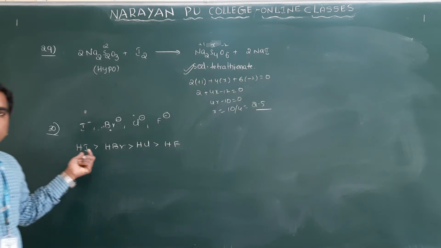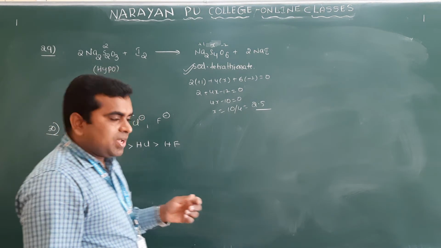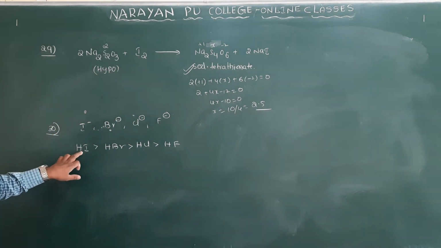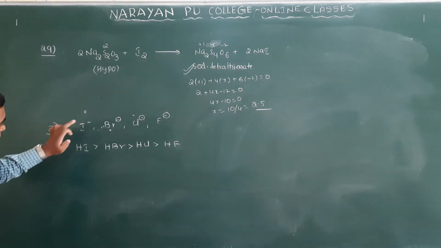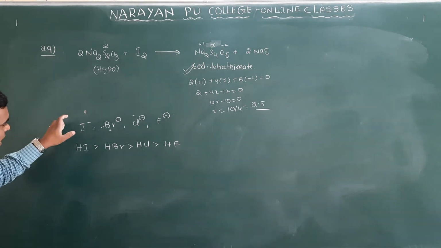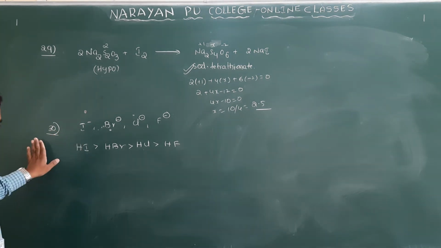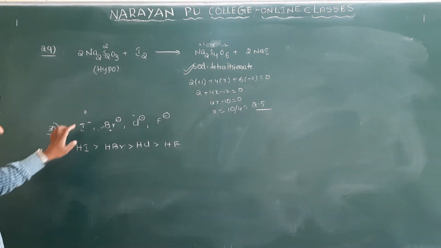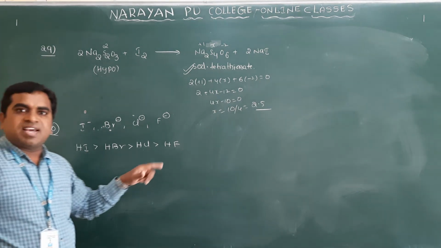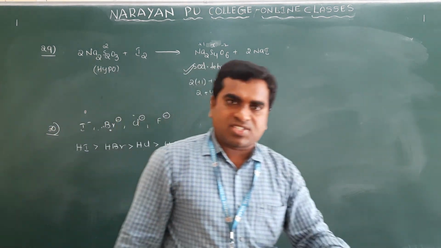You know the conjugate acid-base theory. Conjugate acid means you have to add an H plus ion. Conjugate base means you remove the H plus ion, then I minus is left. So if an acid is strong, its conjugate base is weakest.